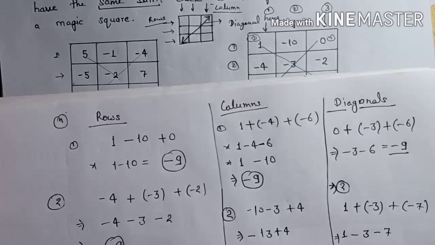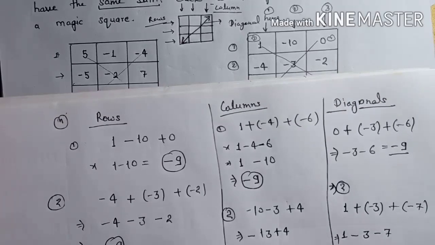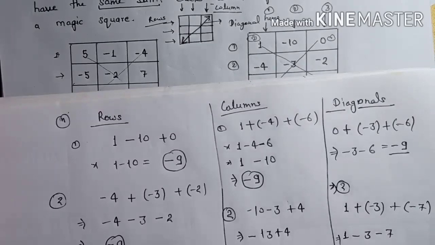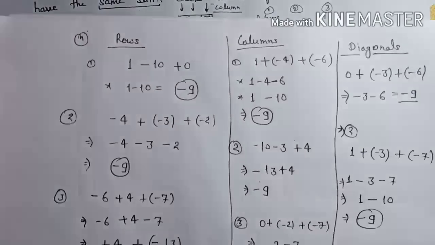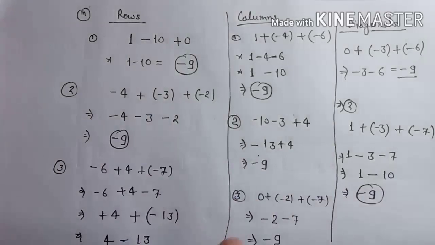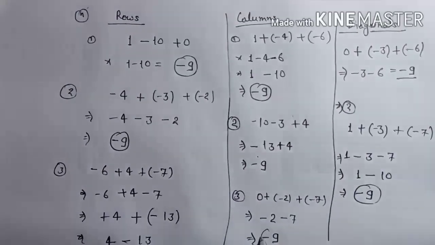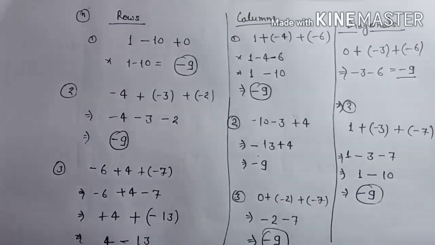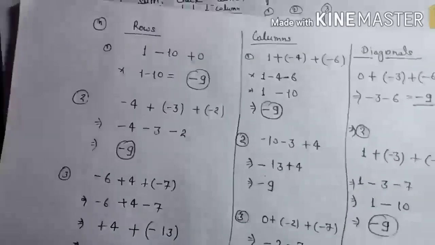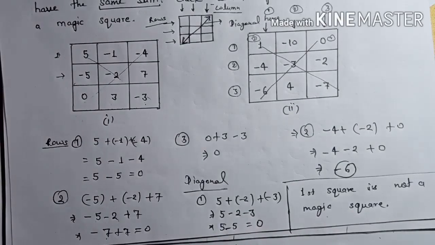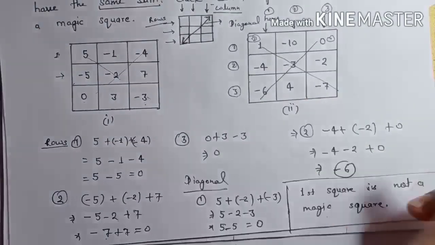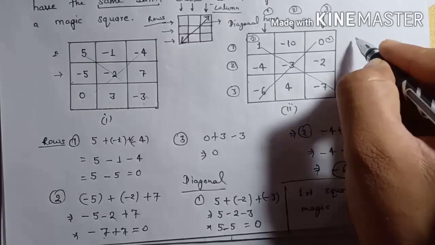That will be 1 minus 10, and the answer is again -9. So you can see that the sum of all the rows, all the columns, and the two diagonals is equal to -9. So we can say that yes, the second square is a magic square.